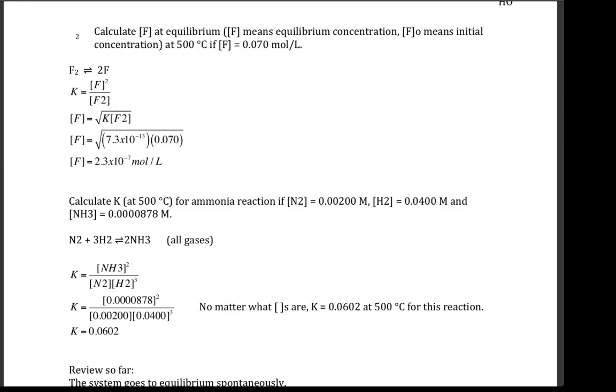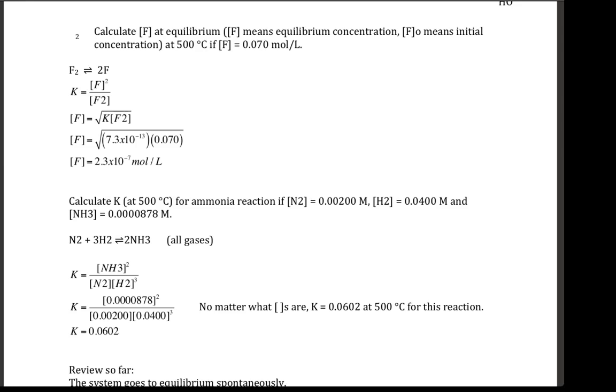So calculate the fluorine concentration at equilibrium at 500 degrees Celsius if the F2 concentration, so instead of just F the atom there, F2, I see the 2 that's way over on the left side. I think that should have been there by the F in the square brackets, where we should have F2 equals 0.070 moles per liter.